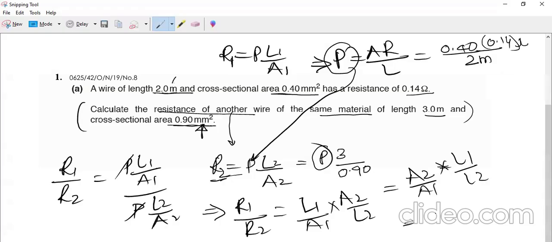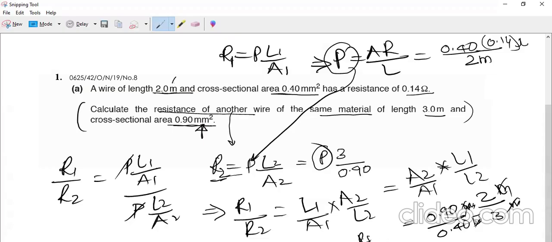So if you now plug in the values, like A2 is 0.90 and A1 is 0.40, and length is 2 and 3, what happens is, the meter goes away, right? The millimeter goes away, right? So we don't have to convert it, you get a ratio for R1 by R2.